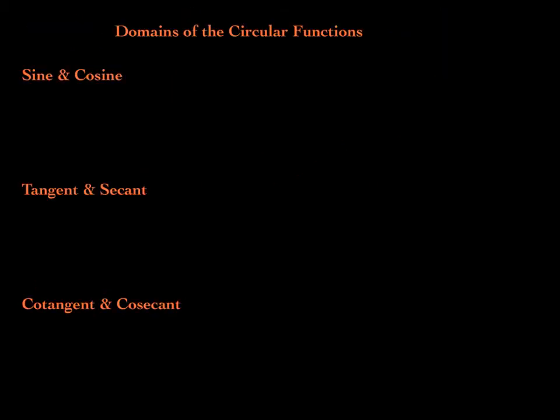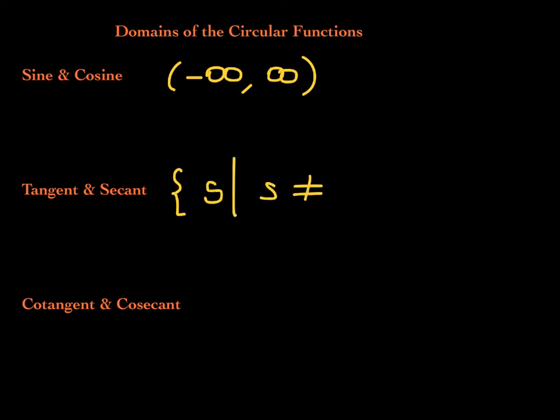So in conclusion here, the domains of the circular functions sine and cosine: the domain is all real numbers. The domain for tangent and secant is the set of all s such that s is not an odd multiple of pi over 2.